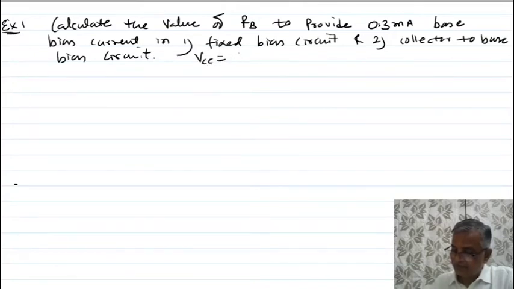Given value of the supply voltage is 12 volt, VB 0.6 volt, RC 330 ohms, beta of the transistor is 100.